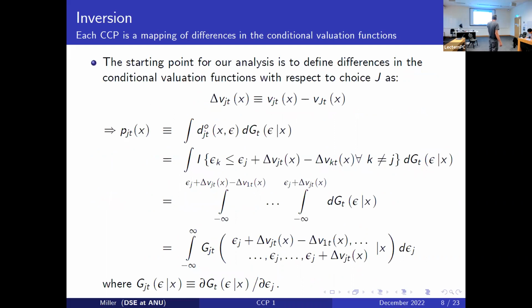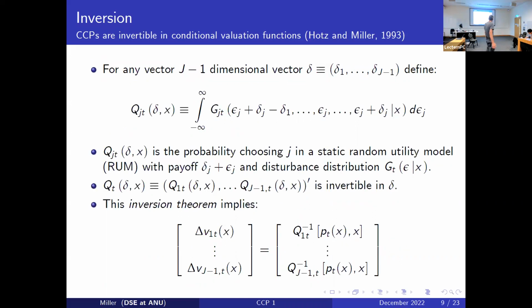Here it is. Okay, just the derivative, and we're plugging this in. We're just taking that G_jt. This thing is just the probability of taking action j in a static model.